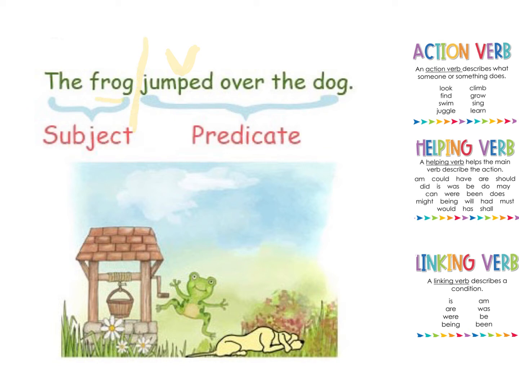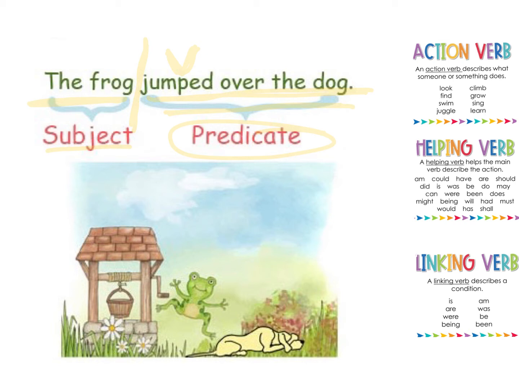Everything before the verb gets one line because this is our subject. Everything starting with the first verb to the end of the sentence or punctuation mark gets two lines, and this is called our predicate.